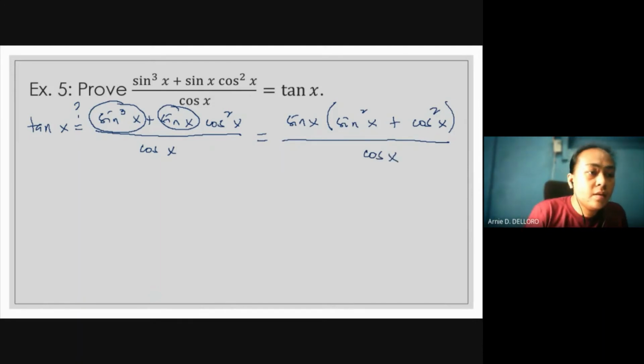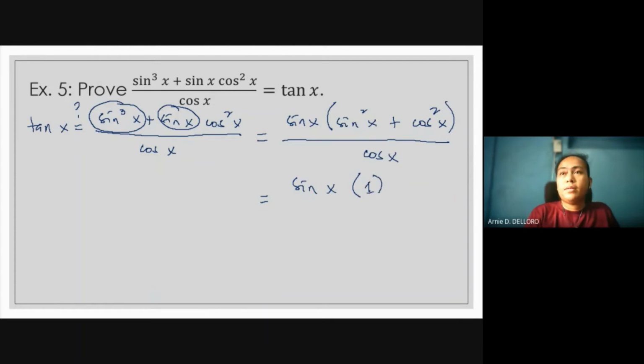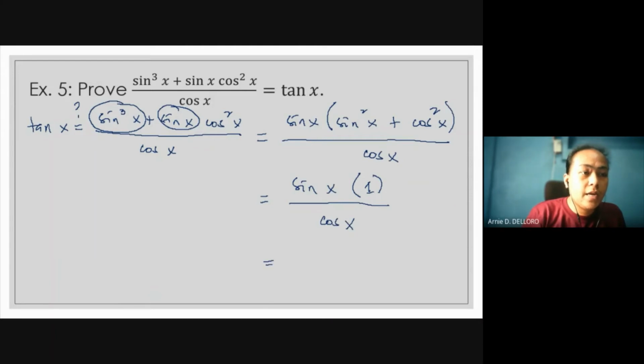Okay? So we know that using Pythagorean identity, sine squared x plus cosine squared x is equal to 1. Okay? Diba? Using Pythagorean identity, sine squared x plus cosine squared x is equal to 1, all over cosine x. So it follows, sine x times 1 is simply sine x.